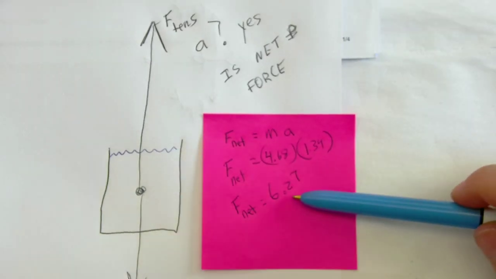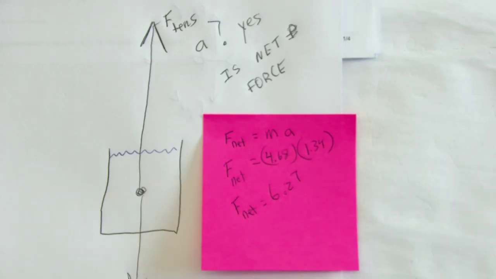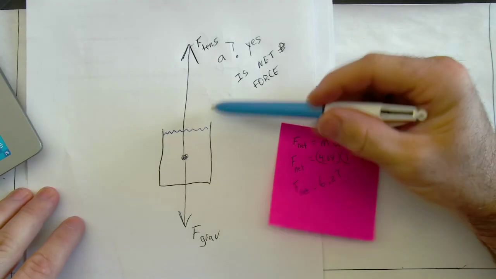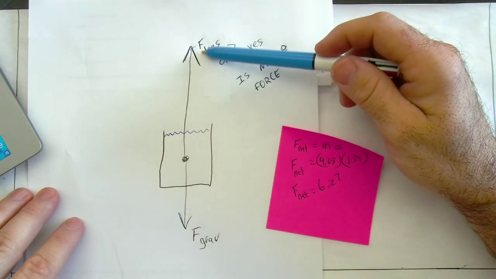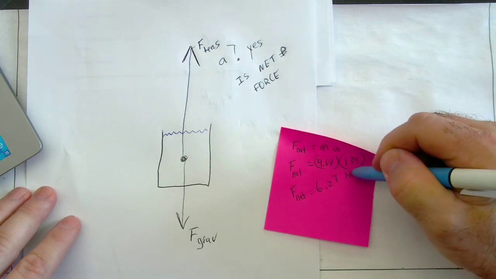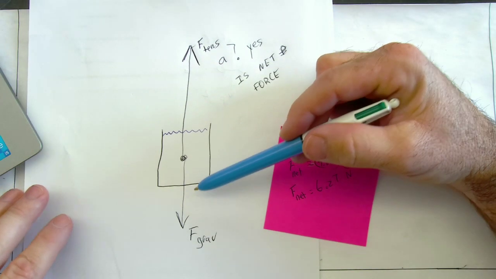To do that calculation, my numbers would have us having a net force of 6.27. And so what we can effectively figure out is this force up here, the force of tension, is going to be 6.27 newtons larger than the force of gravity.